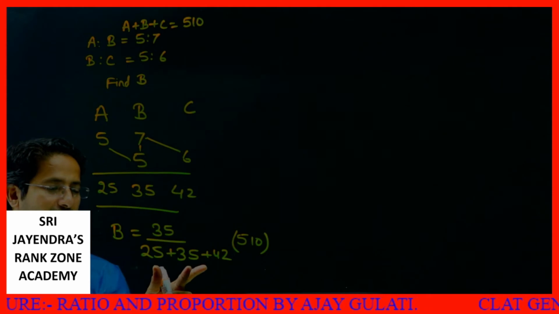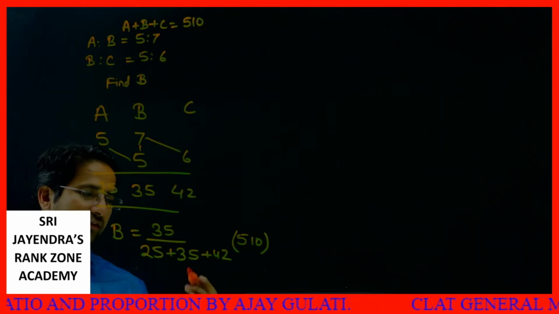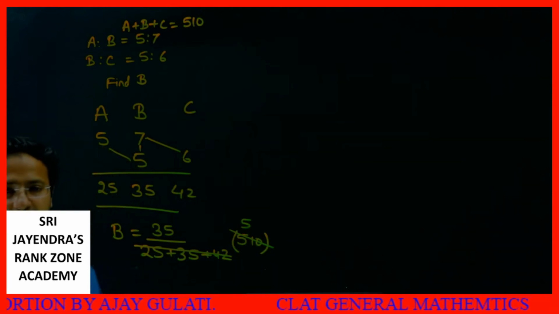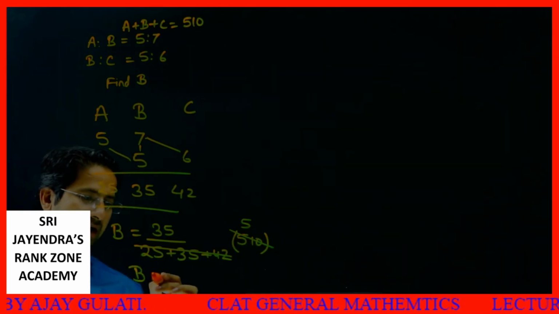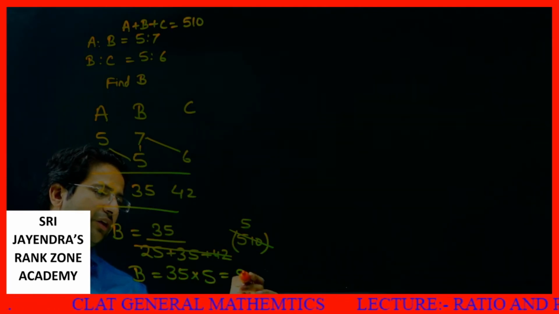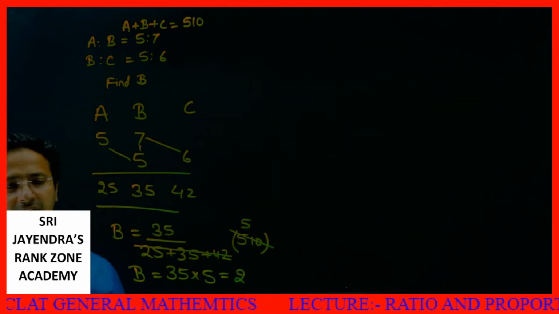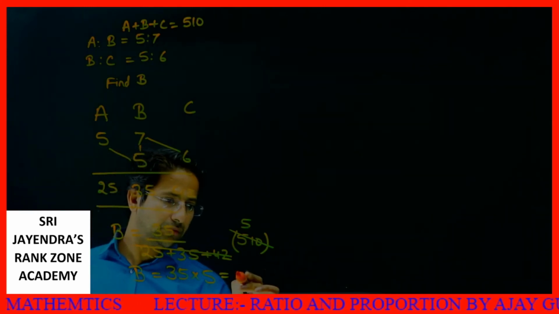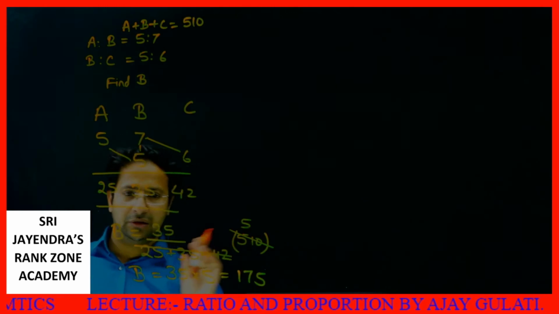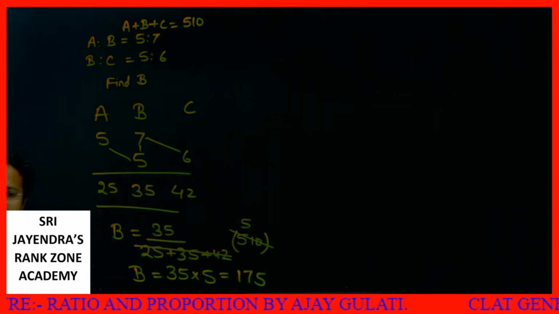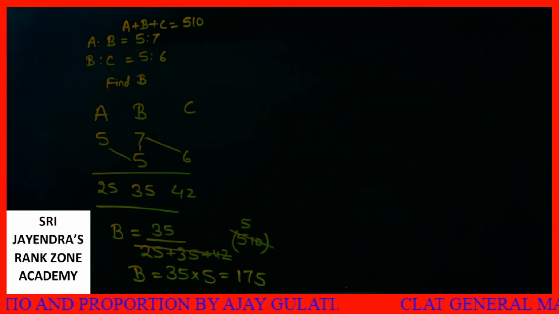Let's add these up. 25, 35, 60. 60 plus 42, 102. 102 multiplied by 5 will give me 510. So B is nothing but 35 into 5, which is 175. I hope all of you got this. There's no doubt. You can take a screenshot if you want.